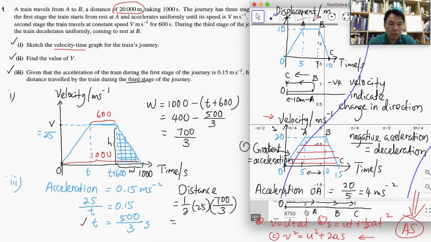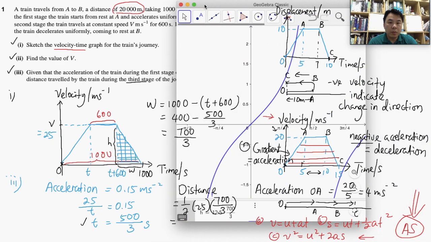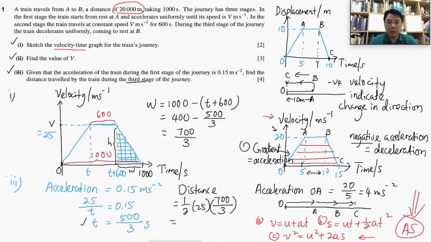Do we have a decimal number for this? Hold on for a while. The decimal number for this is 2917. So the last section of the journey would take about 2,970 meters.